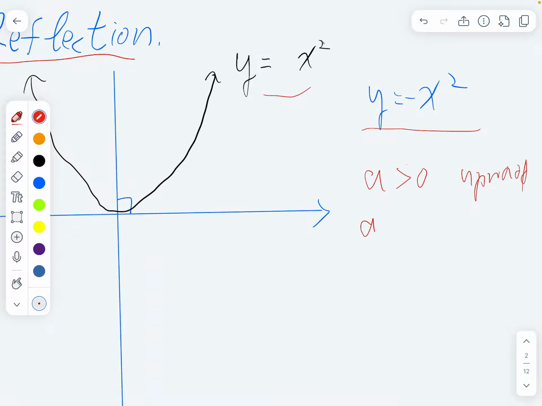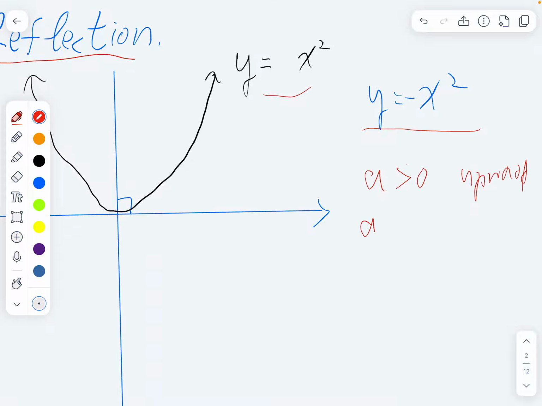So for this relation, the graph is going to open downward. As I can see, the original function is y equals x squared, but this relation is x squared times negative 1.